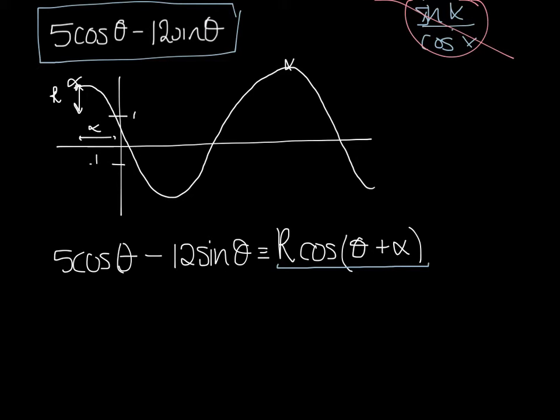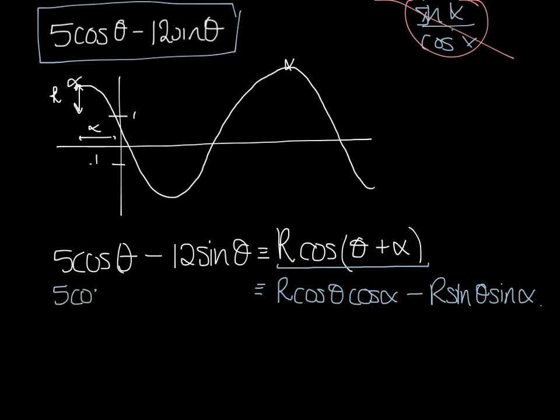And I'm going to use the compound angle formulae to expand this out. So I'm going to say that that is r cos theta cos alpha minus r sine theta sine alpha. And these two things are still equivalent, so I can still write in that left-hand side.